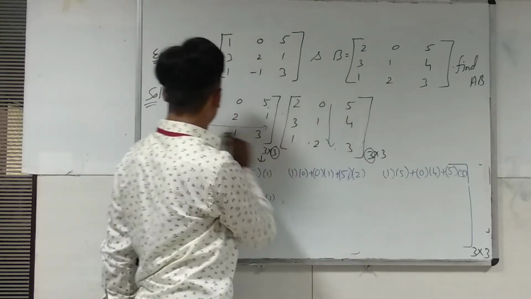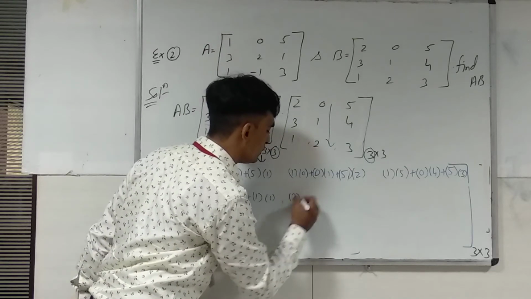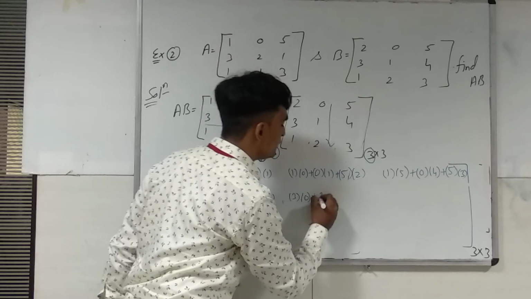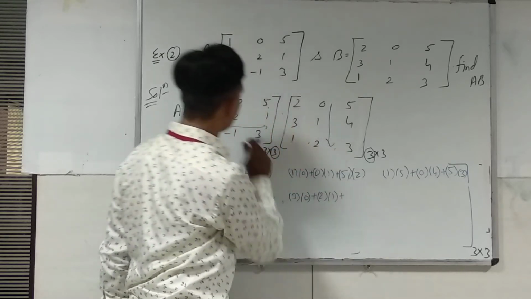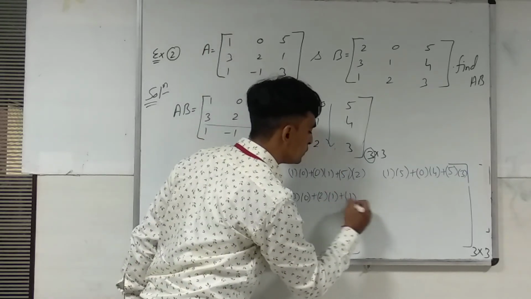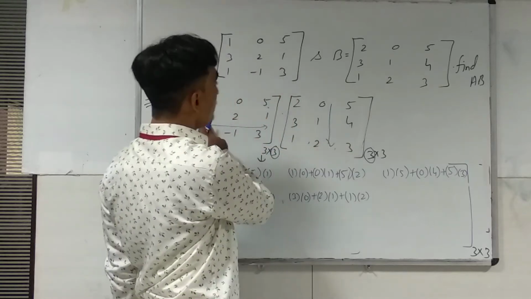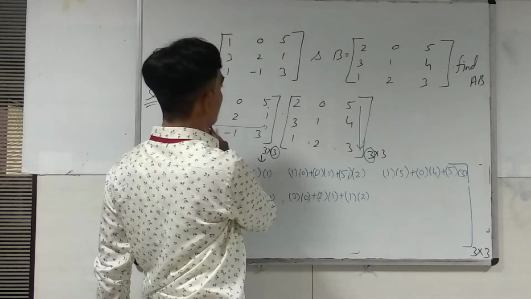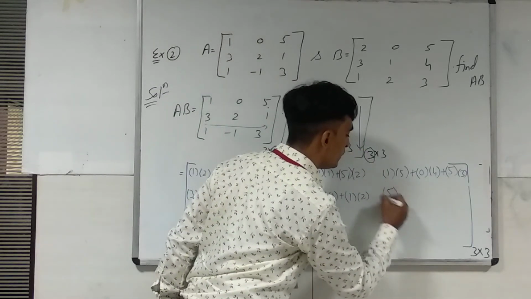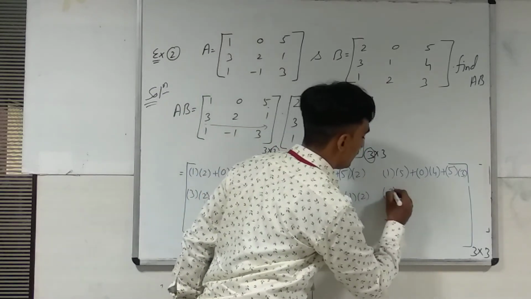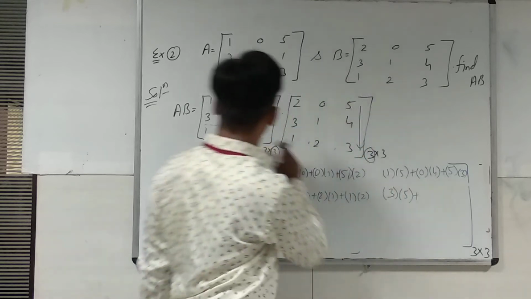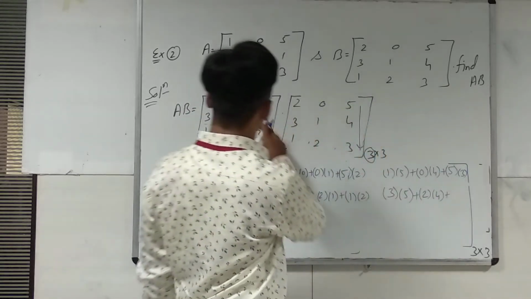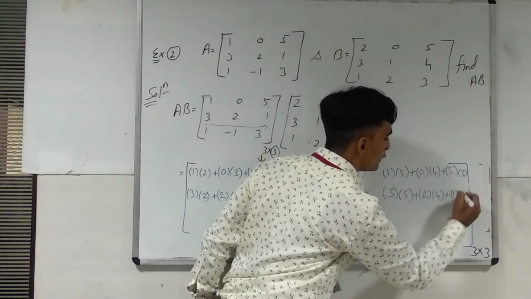Second row, second column: 3 into 0, plus 2 into 1, plus 1 into 2. Then second row, third column: 3 into 5, plus 2 into 4, plus 1 into 3.